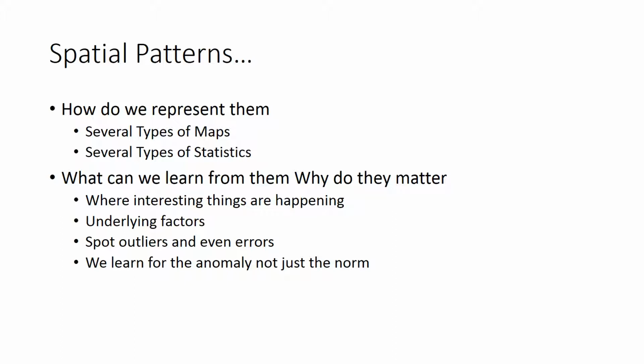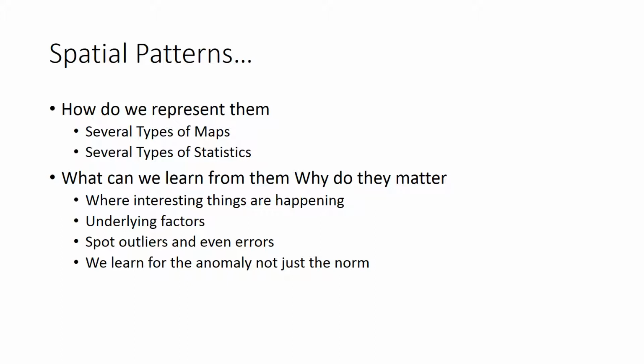So what can we learn from them, and why do they matter? Well, clusters, outliers, these sorts of things, this is where the interesting things are happening. Why is the value higher? Why is the value lower? Why is this one data point separate from all the rest? Why are the data points so carefully positioned away from one another? Why are they clustered together in groups and bunches?